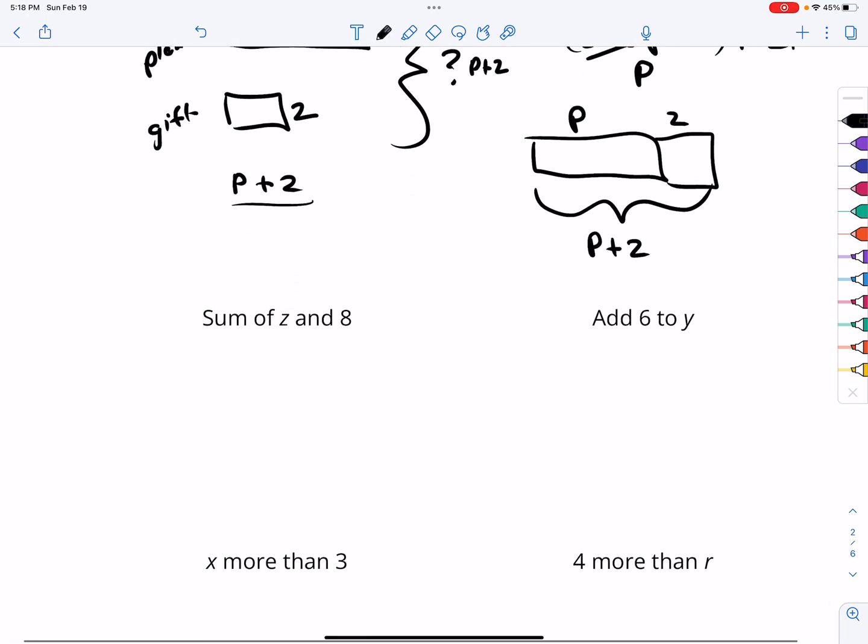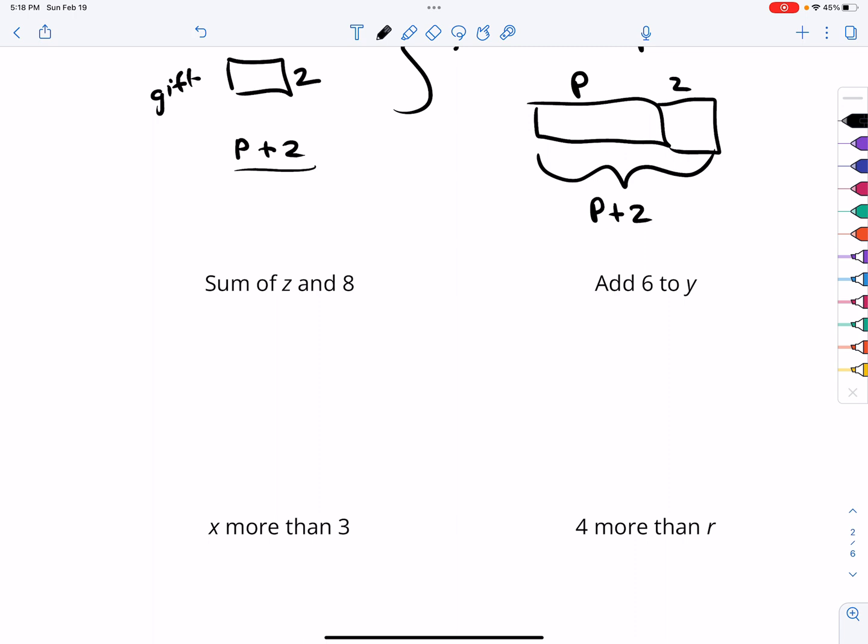So if we're looking here at some other examples of writing some algebraic expressions, we are looking at the sum of z and 8. So we can do z plus 8. Now, if you're not sure, one thing that you can always do, especially with addition and subtraction and in these easier ones, is if you assign a value for that and call it 4, and then you think of this as the sum of 4 and 8, you know from all of your years as a mathematician that the sum of 4 and 8 can be rewritten as 4 plus 8.